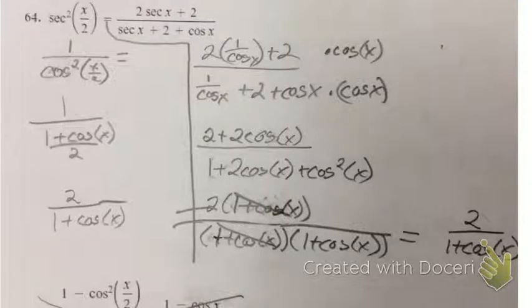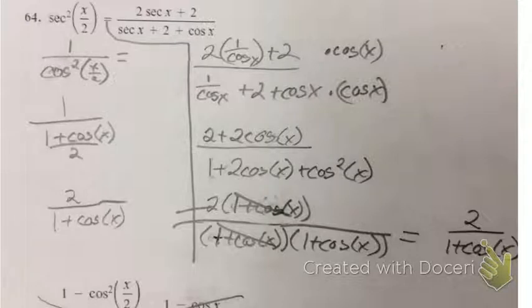Now I'm saying to myself, one side has cosine in it, the other side has a bunch of secants in it. So I'm going to rewrite every secant as cosine. So I changed them all to 1 over cosine. And then I said, I don't want to deal with fractions over fractions, so let's multiply by the denominator. So I multiplied the top and bottom by cosine of x, and then I distributed, which got me to 2 plus cosine x all over 1 plus 2 cosine x plus cosine squared x.